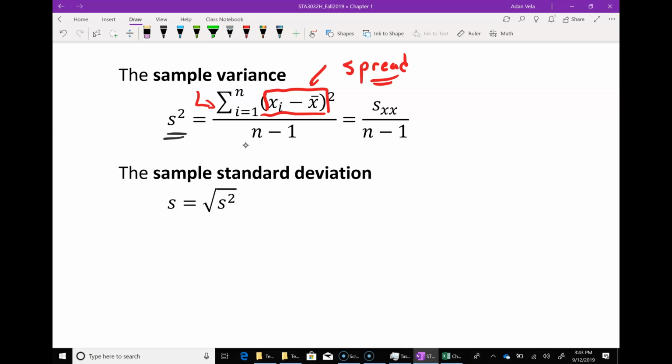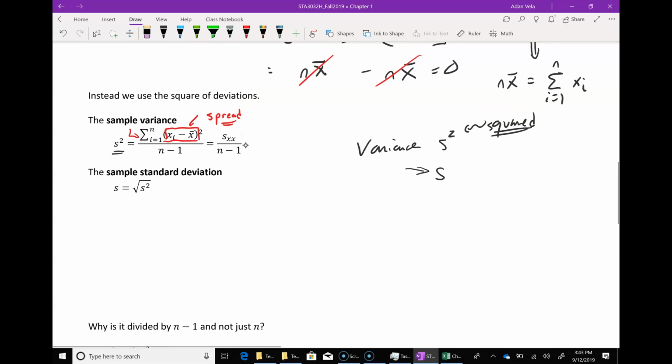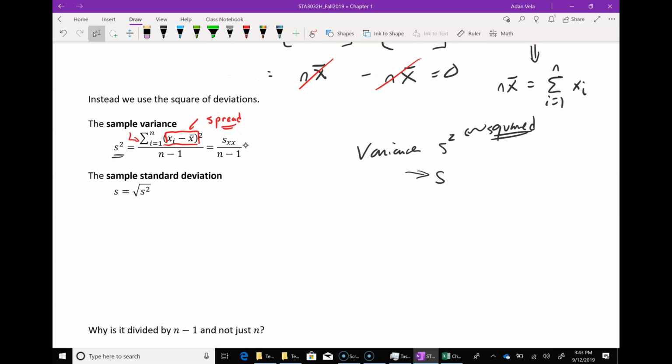Now, the -1 part, I don't know if I talk about it here. Oh, I guess I do. It's a whole other issue. Now, what we're going to find in statistics is that this quantity right here comes up over and over and over again.